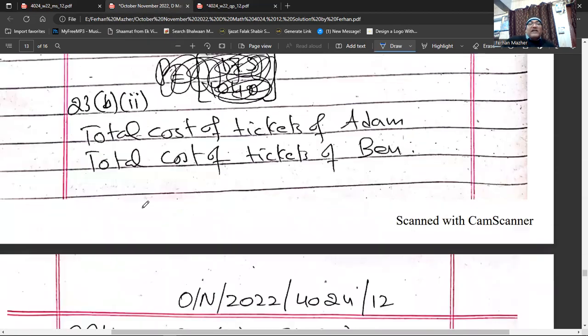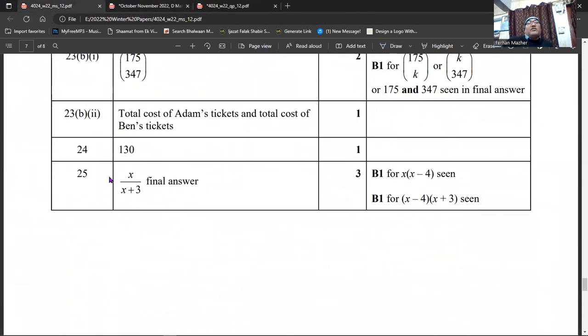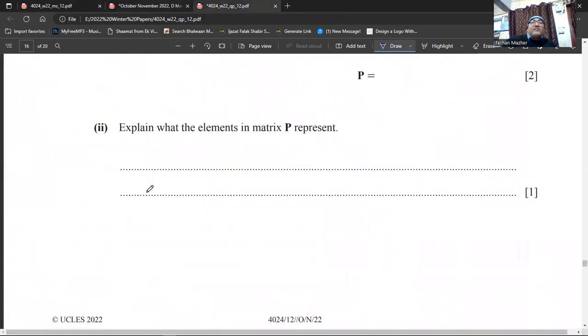So let me show you my answer. Here we go: total cost of tickets of Adam and the total cost of the tickets of Ben. So our answers are right.